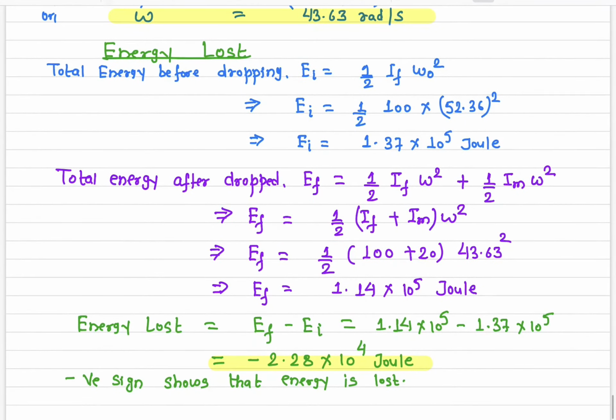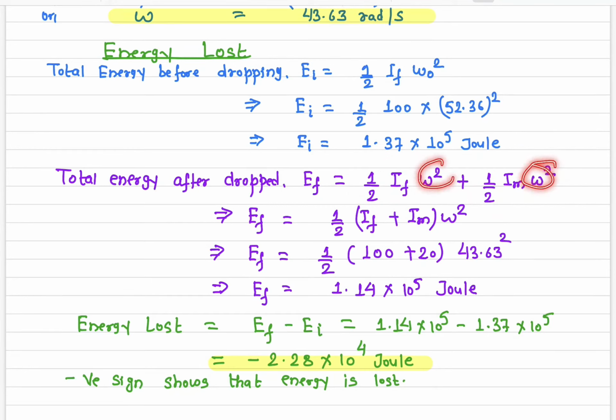But once the mass is dropped, the mass and the spinning disk or flywheel move together, so both have rotational kinetic energy. This is the rotational kinetic energy of the flywheel, and this is the rotational kinetic energy of the mass. M stands for the mass and F stands for the flywheel.